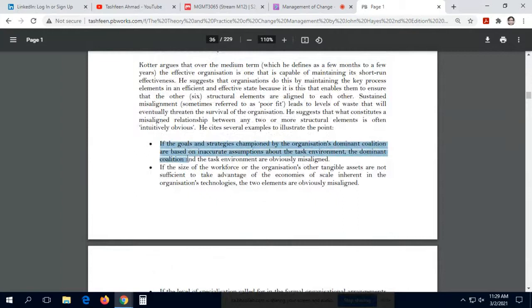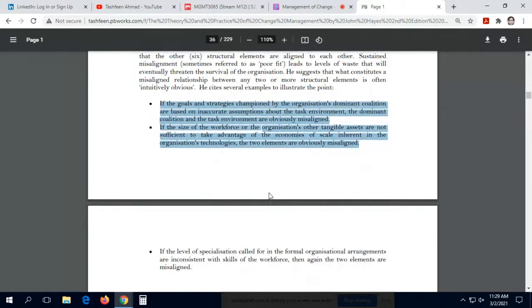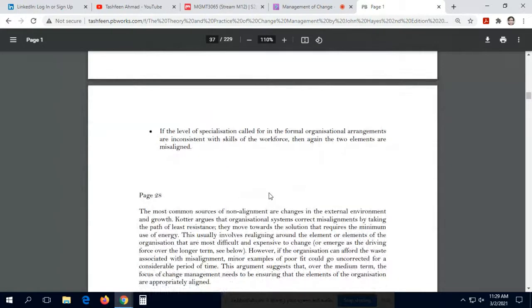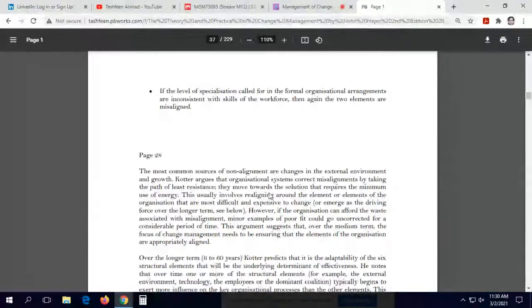Yeah. These bullets, you can look into this, pay attention to these. They are talking about misalignment in this, and some examples are cited. So these bullet points, maybe you want to think about that. I gave you the examples which I could give, but it is important to read the examples in the book.